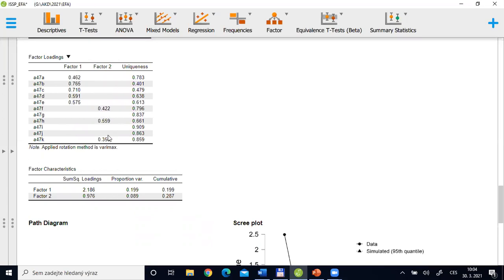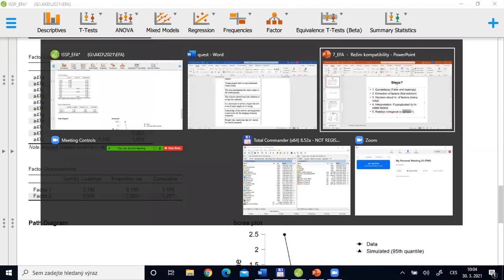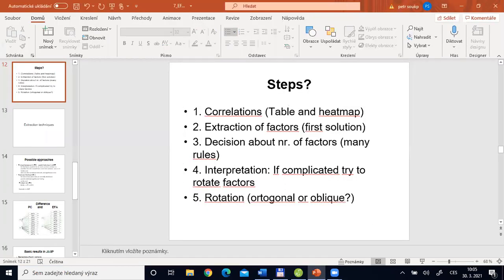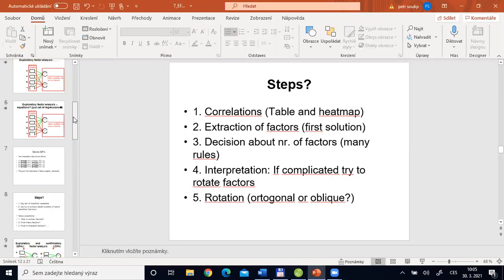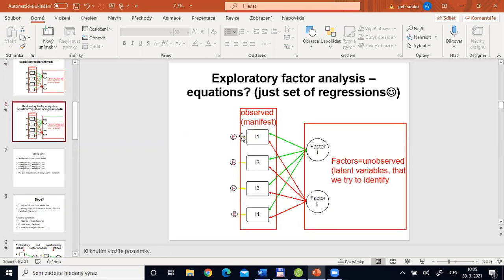I would like to add one more comment to this table, and there is the last column, which is always called uniqueness. What does it mean, uniqueness? If I go back to pictures from the beginning of my presentation, there were these random errors, and we discussed that these are unexplained variances.